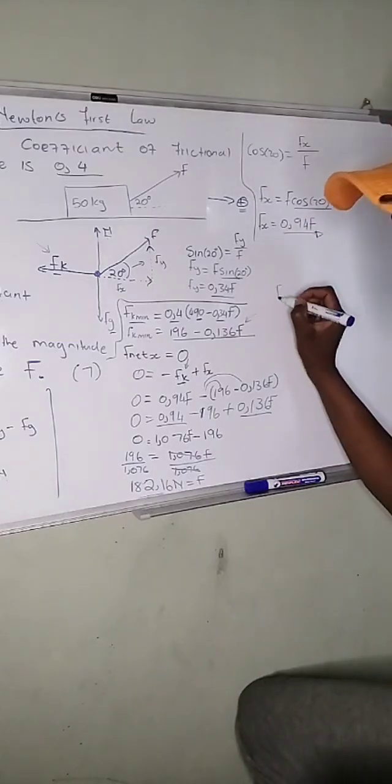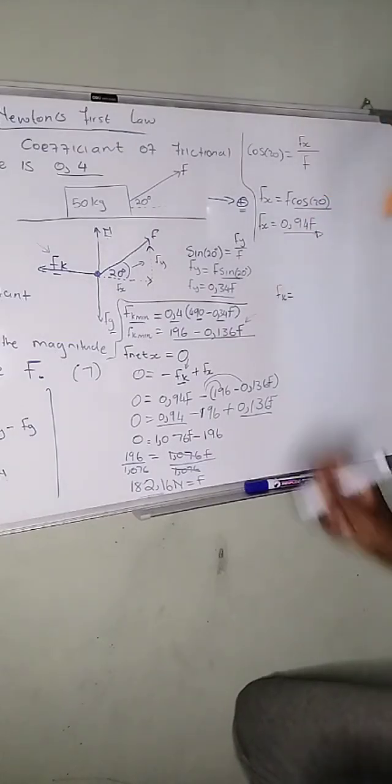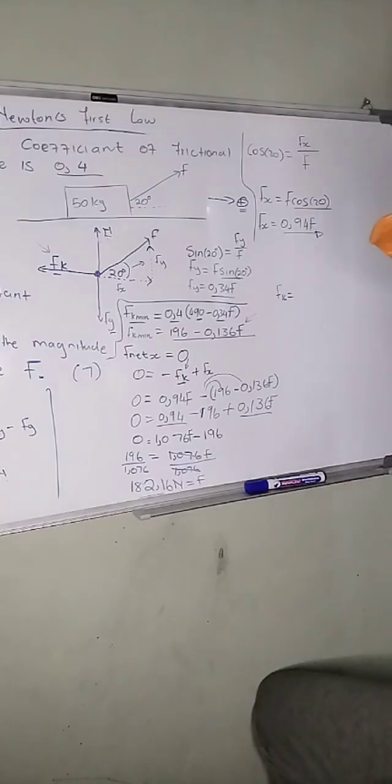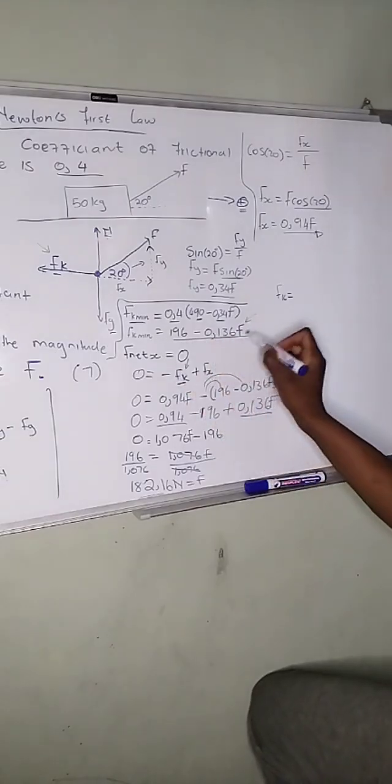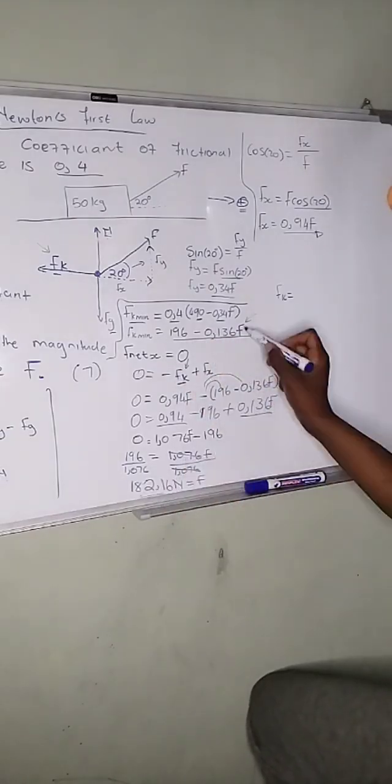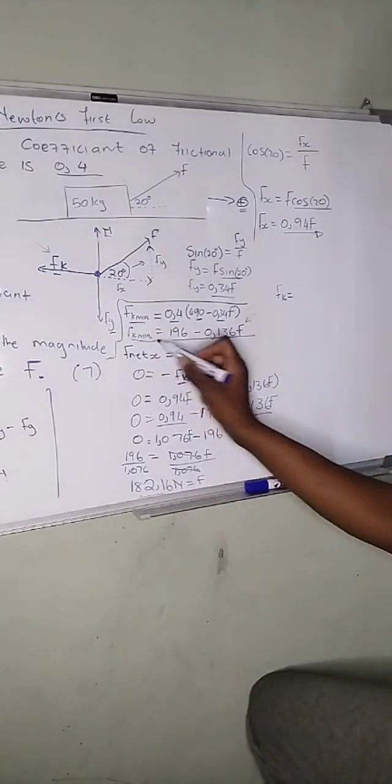You said my Fk is how much? This is Fk. Fk means you just substitute the value of x, this one here, then you get your friction.